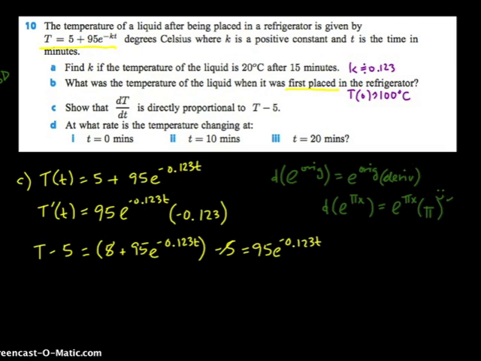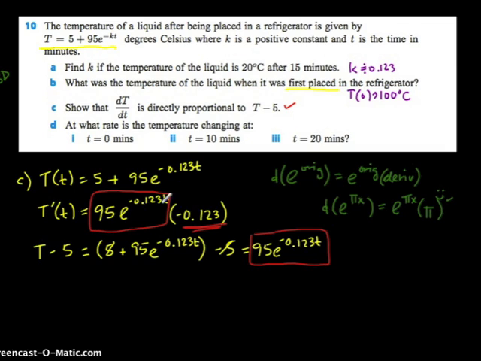Wait a minute, that looks just like this, doesn't it? Just like what we saw in our derivative function. Aha! And the only difference is this negative 123 thousandths. Ha, said it. And this is going to be essentially our coefficient or our constant that creates that directly proportional relationship. Super. So we're able to show that that is true.